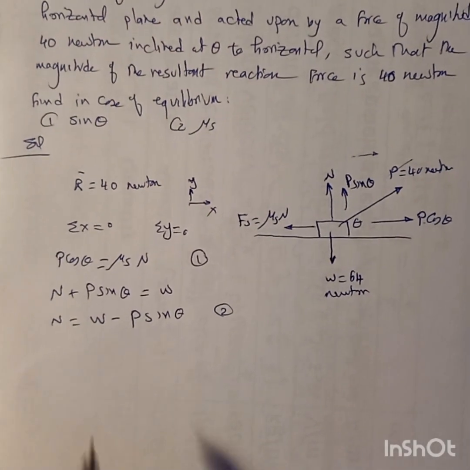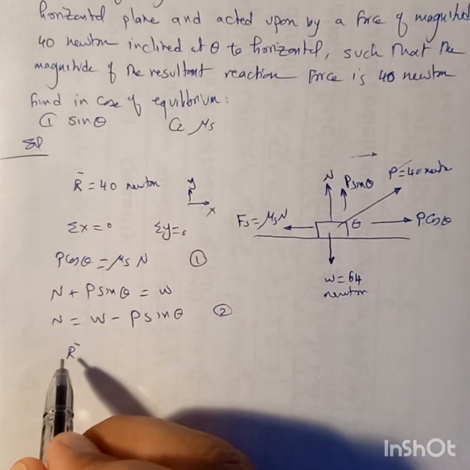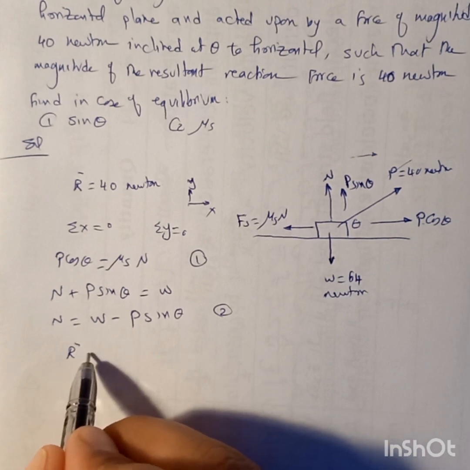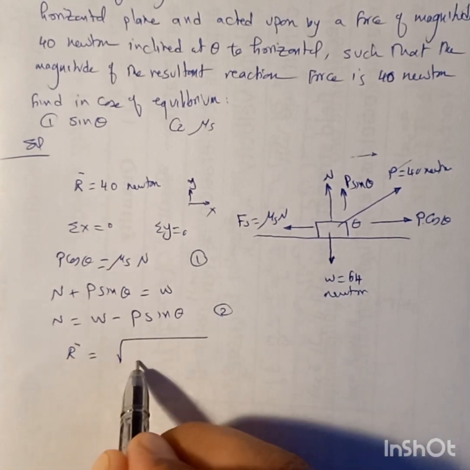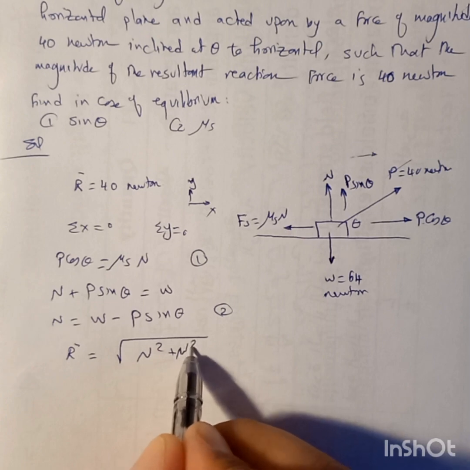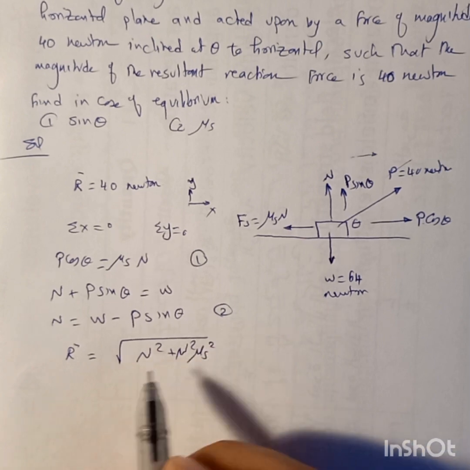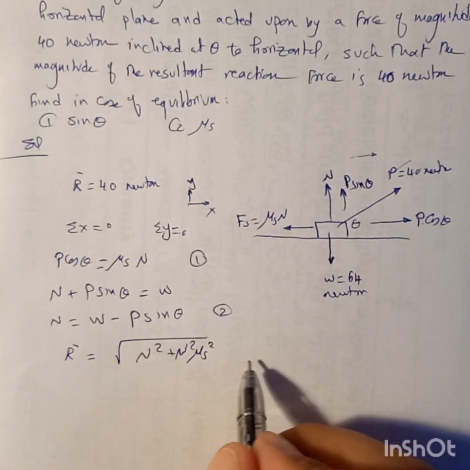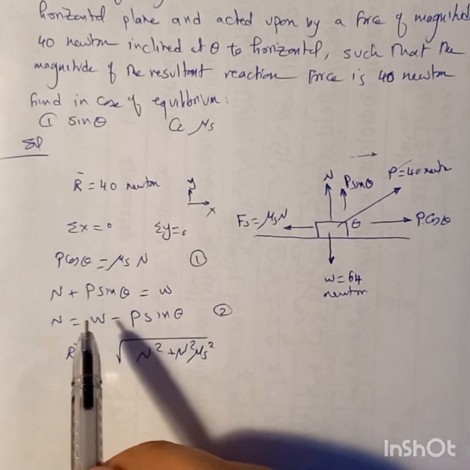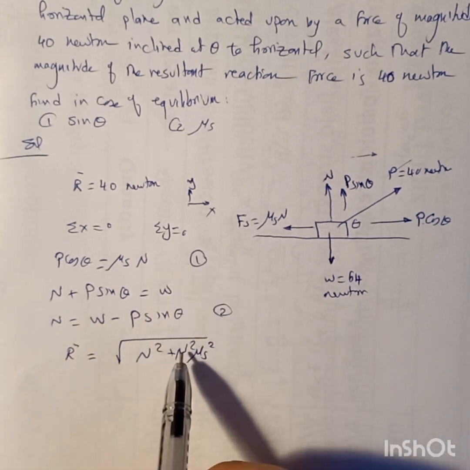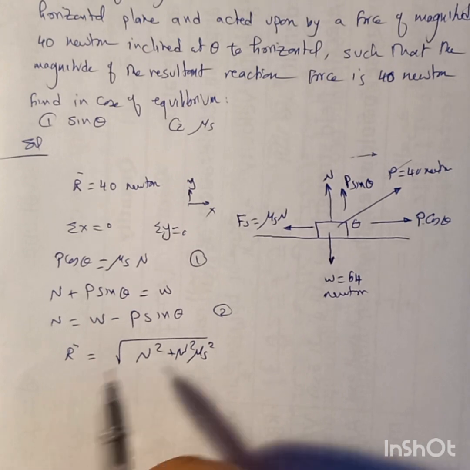It's given that R dash equals 40. Then we have R dash equals root of N squared plus N squared mu s squared. We can substitute here from equation number 1 and equation number 2 in this R dash.